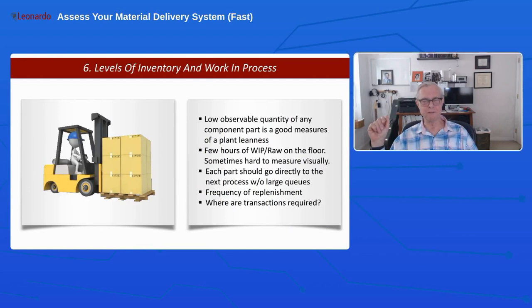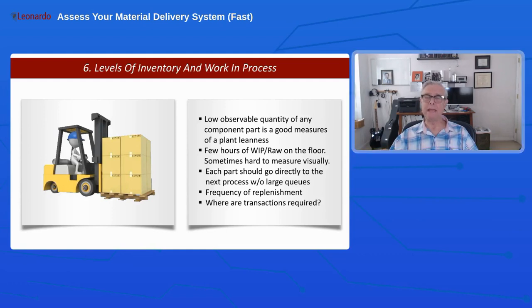Next, levels of inventory. So how much inventory? We've already touched on this item a couple times in this webinar, but our philosophy these days, our philosophy at our partner Toyota, is minimize the inventory at the workstations, right? At the points of use, maintain very low quantities at the workstations.